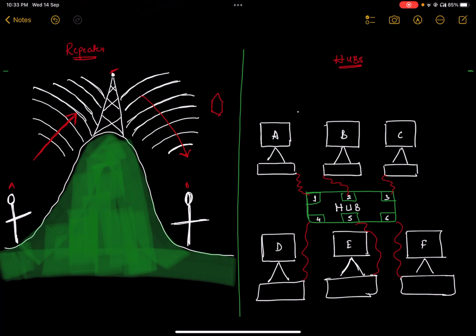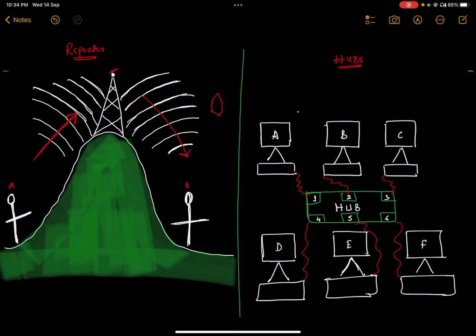Let's assume we are all sitting in a cyber cafe, and all these machines need to access the internet, right? When all these machines need to access the internet, there is no configuration required. All that is required is that all these machines should be connected to the internet. In such cases, I can use a layer 1 device called a hub, right?